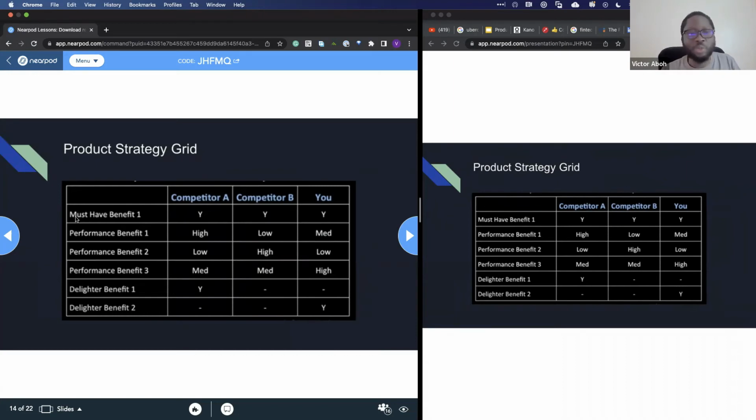There's only one must-have, but realistically, you will have a list of a couple of must-haves that need to be in your app. And then you want to make sure that you provide that value, right? If a competitor doesn't, then that's a reason you're better than them already. So we want to make sure that we always provide our must-haves, whatever that is for our given industry.